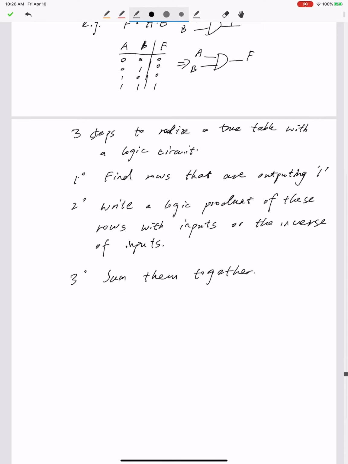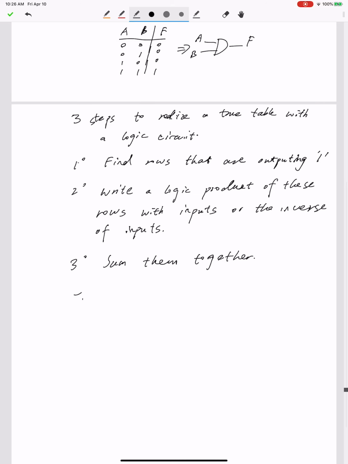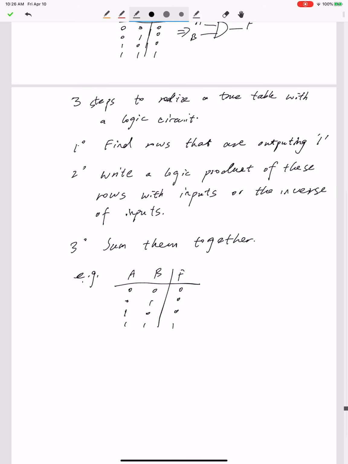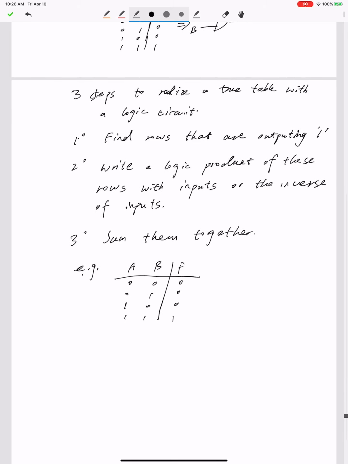So what that means, let's use this simple example: A, B, F. 2 inputs and 1 output. The truth table of this logical circuit is 0, 0, 0, 1, just like the example I showed you before. The first step, we focus on rows that are outputting 1, which is the last one.